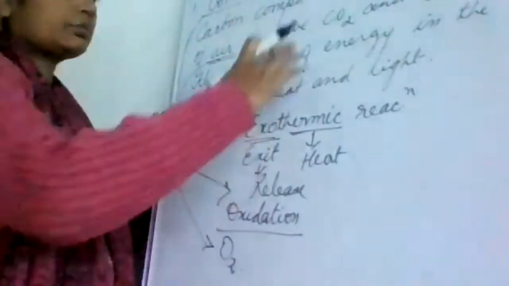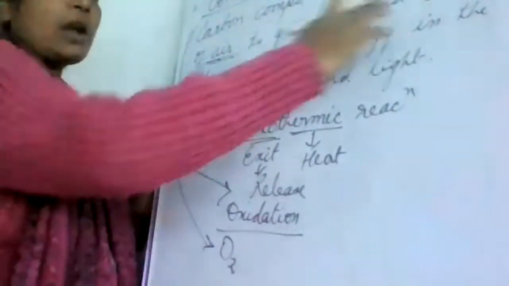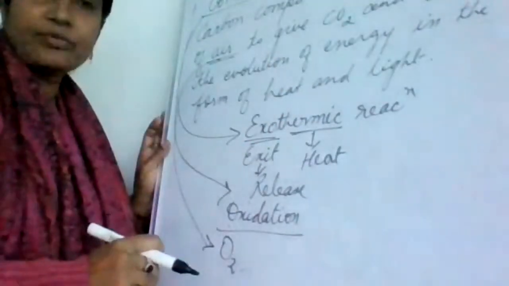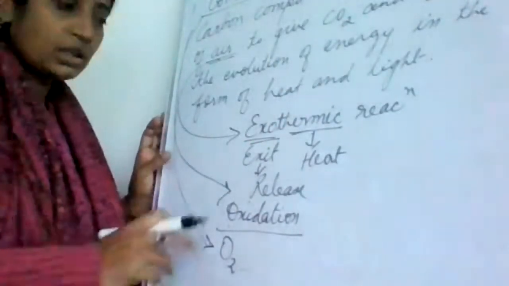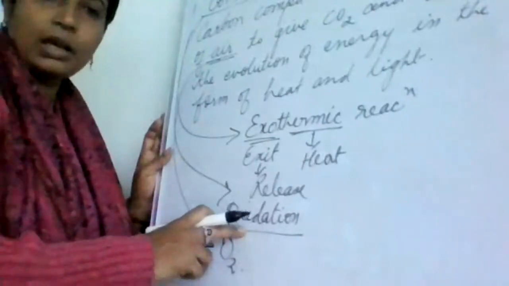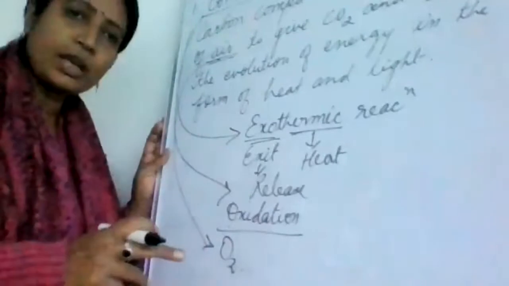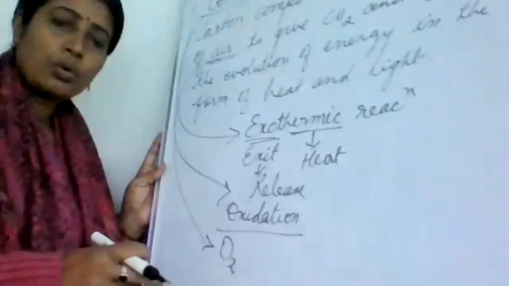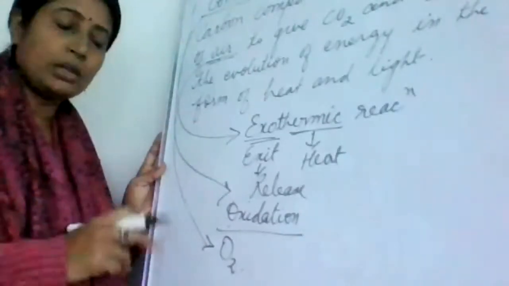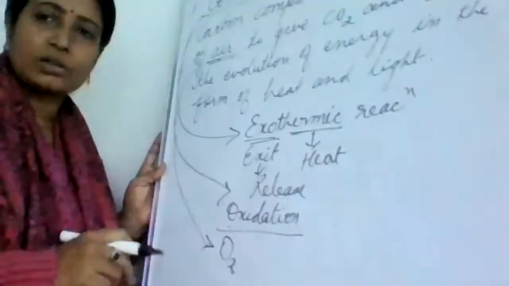Okay? Carbon dioxide and hydrogen oxide are formed. So what process is this? It is oxidation and also exothermic. If characteristics of reaction is asked, then what can you say? What can you say in oxidation in this characteristics of reaction?